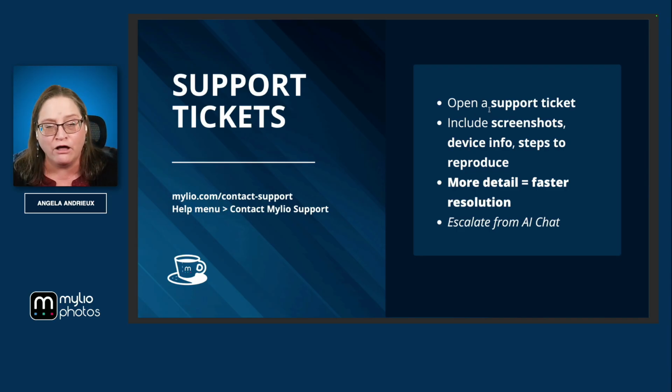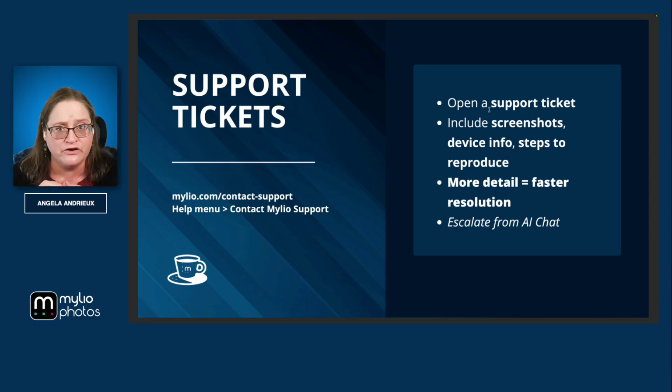So go to that help menu in the app, go down and choose Contact Mylio Support, or from that AI chat, type in, I need to talk to a human, and add your email address and we will get back to you. Some things to think about when creating a support ticket: include screenshots if possible. You want to include your device info, so information about your computer. Let us know what computer model you're using.